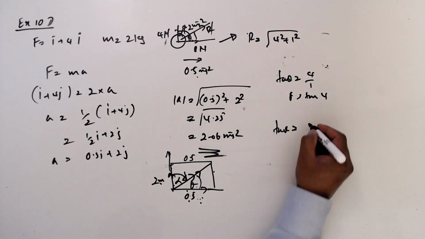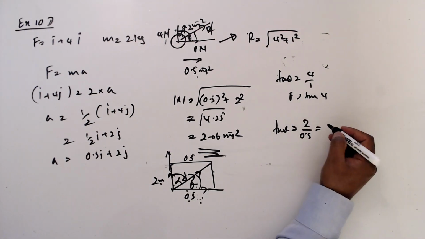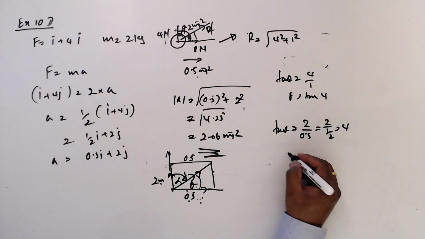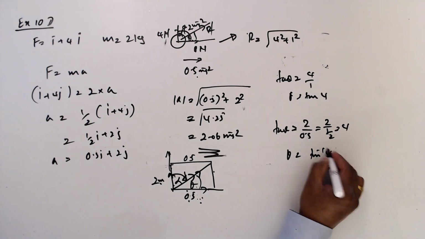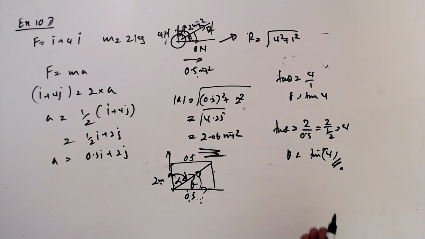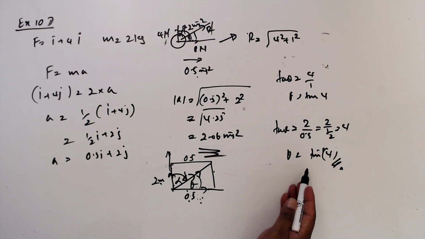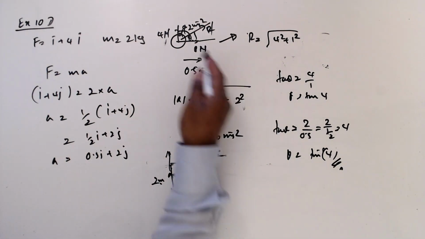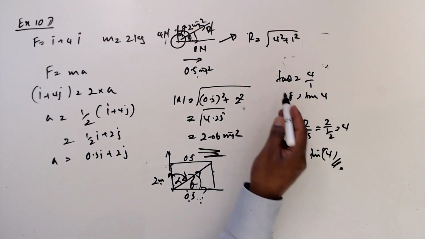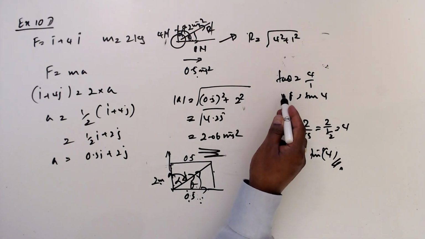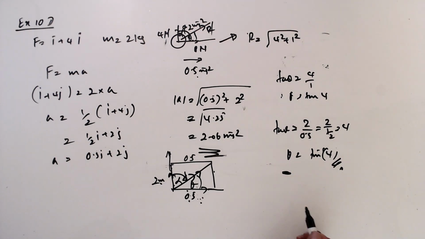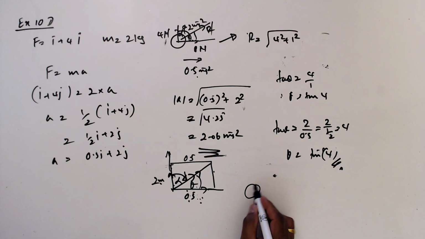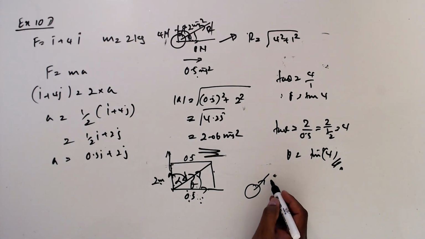So 2 divided by 0.5, which is 2 divided by half, which is 4. Still the same, theta equals tan inverse 4. Basically, if you need the acceleration direction, you can find it from the resultant force direction. Or if you need the resultant force direction, you can take the acceleration direction, because the particle is moving towards the resultant force.